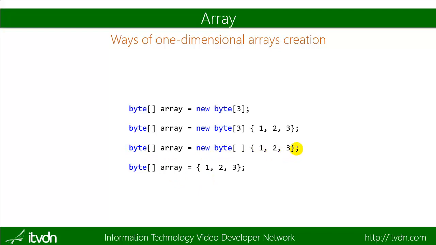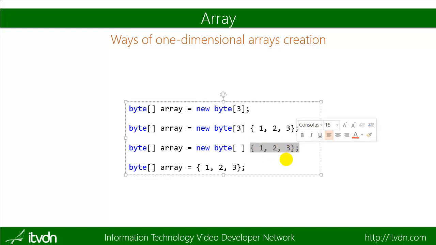In this third method of creating arrays, you'll see that this number here, 3, we had 3 here and 3 here, but here we don't have a 3. Why? Because if we have this initializer block, the computer already understands that we have 3 elements, because we initialized only 3 elements. So here we'll have 3 automatically, but we don't even need to write this 3.